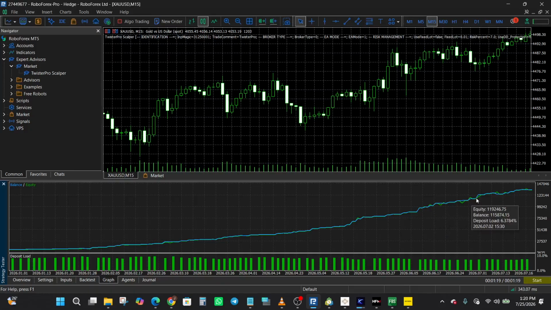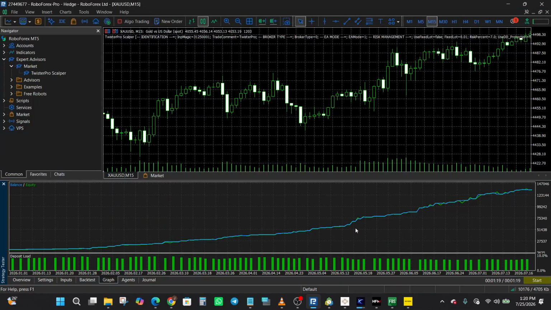It was only on a few occasions, here and here, that the equity seemed to be a bit apart from the balance. But overall, it was a steady growth over time.